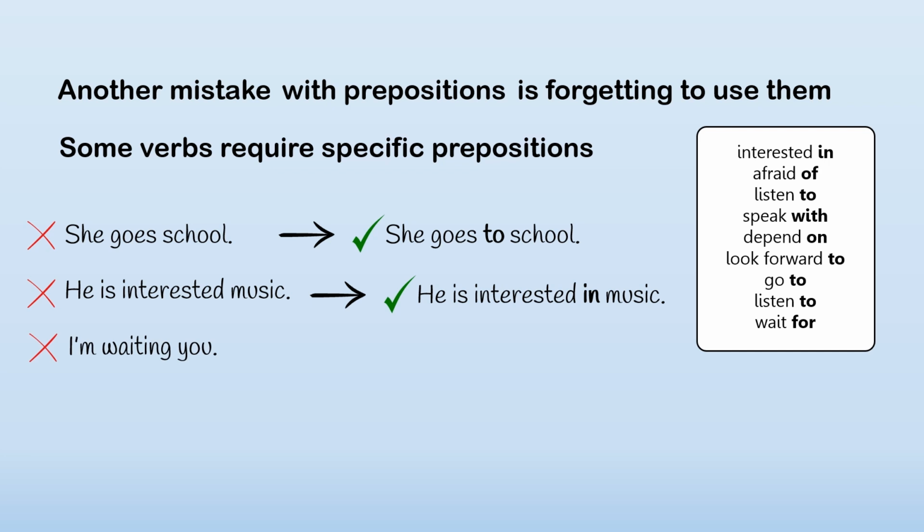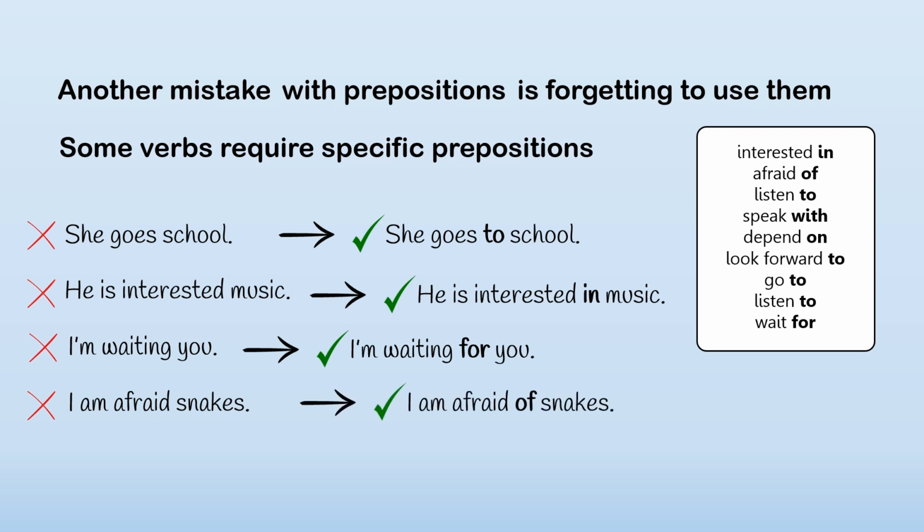Instead of I'm waiting you, we say I'm waiting for you. Instead of I am afraid snakes, we say I am afraid of snakes. To avoid these mistakes, it's a good idea to study common expressions, such as these, that require specific prepositions.